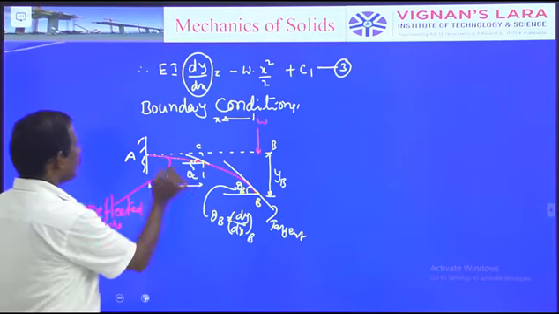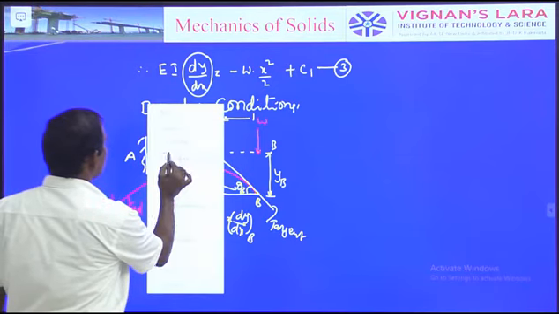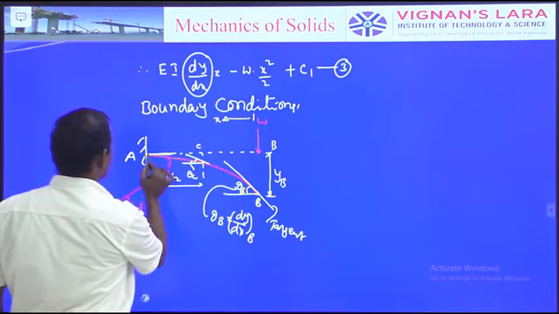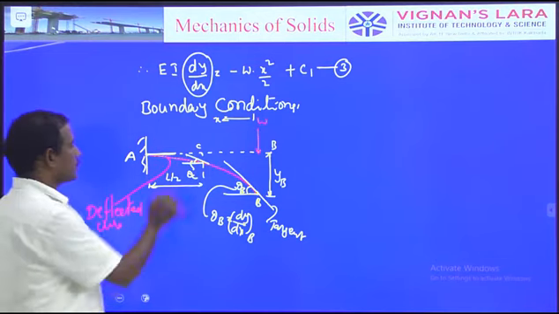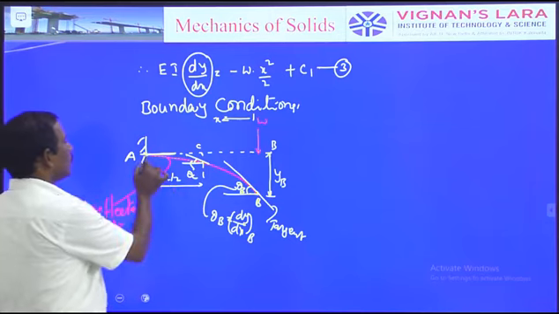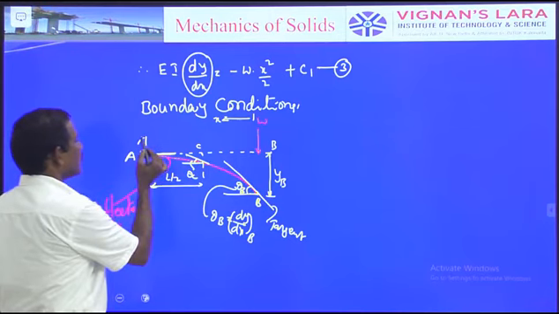Now, similarly, draw the tangent at A. This is the tangent at A. If you draw the horizontal line at A, they coincide.